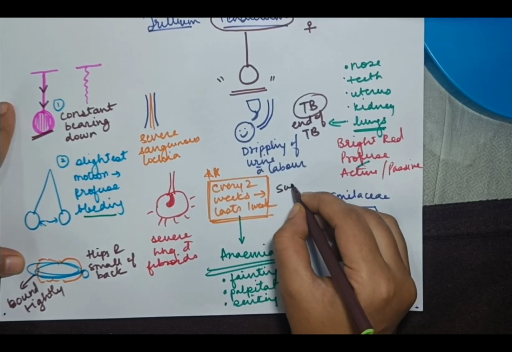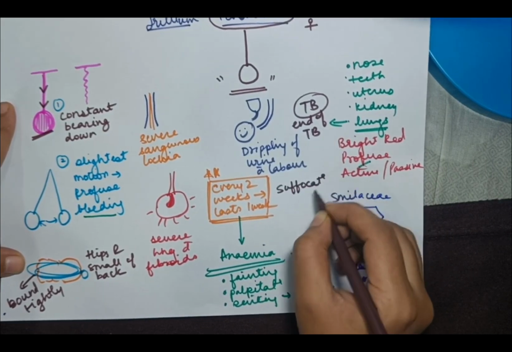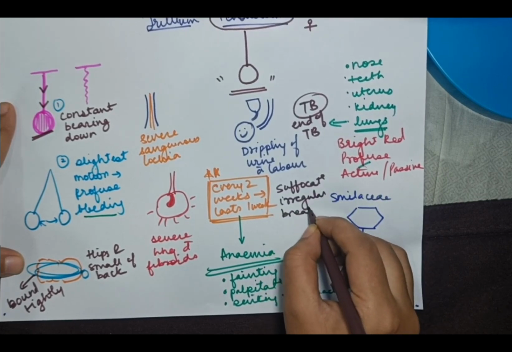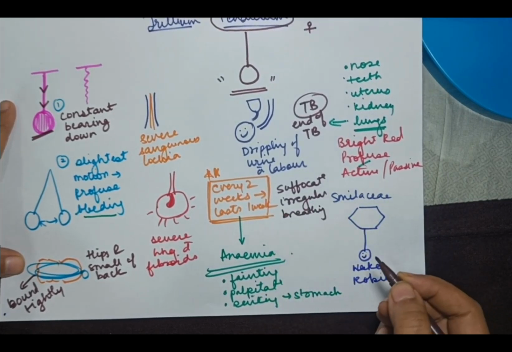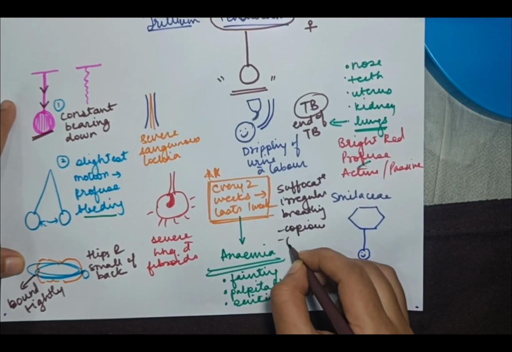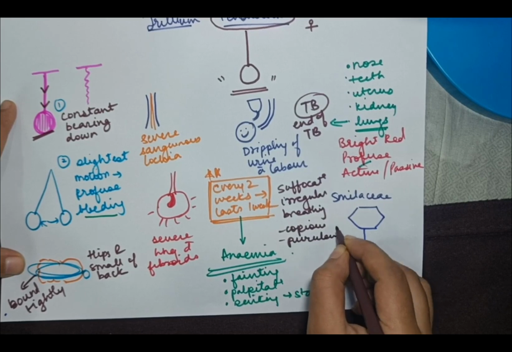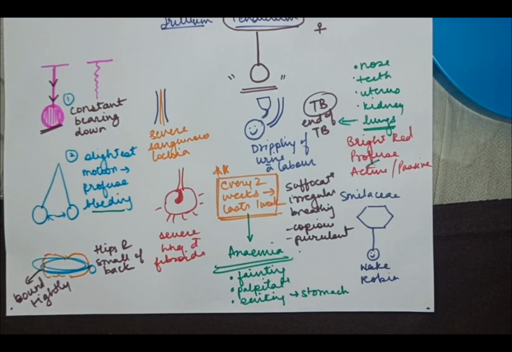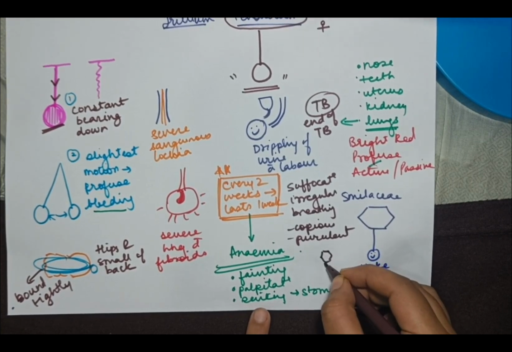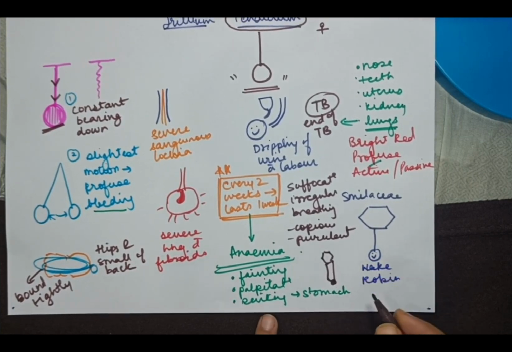We'll just write it down here: suffocation, irregular breathing, hemoptysis, expectoration is copious and purulent, that means there is still active infection going on, and there will be aching. Now this is the sternum, so at the end of the sternum.